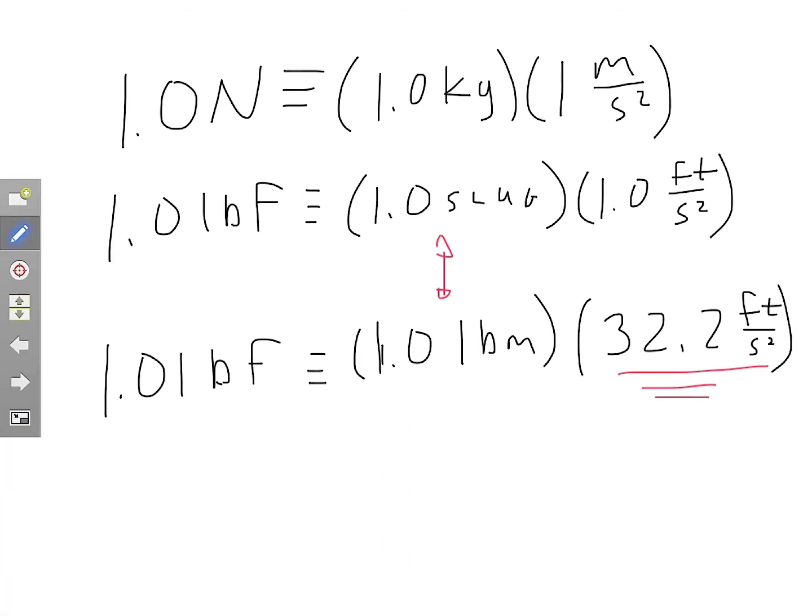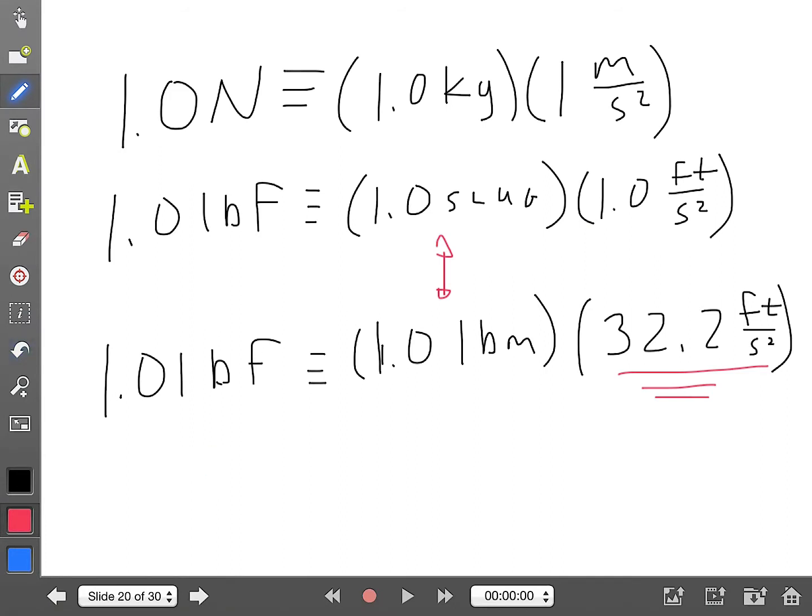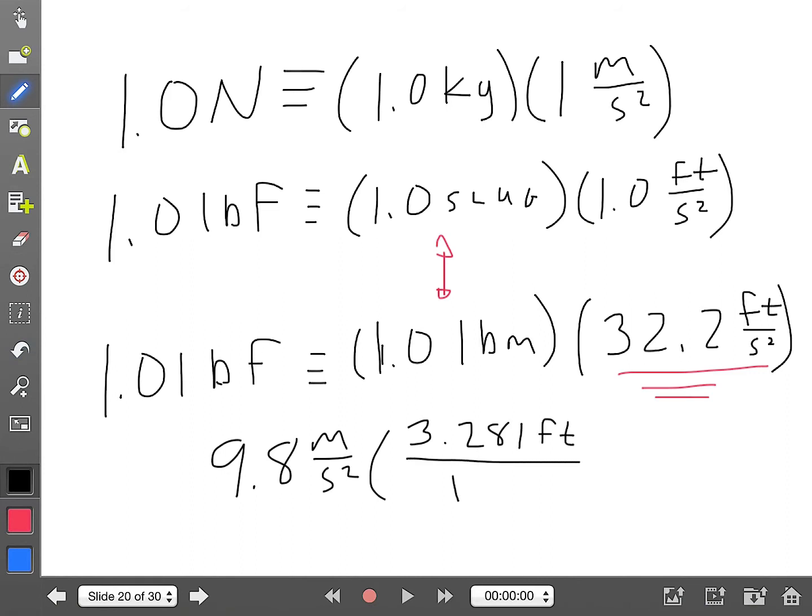Now, one thing that I wanted to show you now, interestingly, is 9.8 meters per second squared. If I multiply that by 3.281 feet per 1 meter, this is a conversion factor.